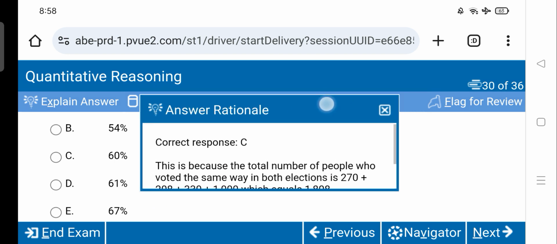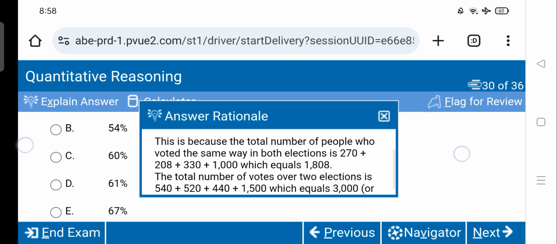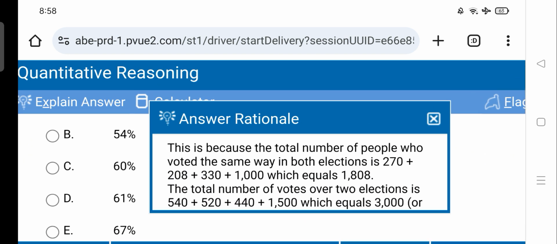This is because the total number of people who voted the same way in both elections is 270 plus 208 plus 330 plus 1000, which equals 1808.